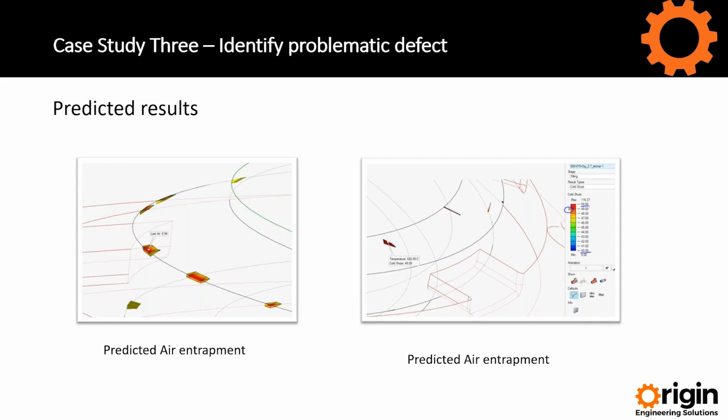Even though there was a gradient on the casting, you would have believed we wouldn't have entrapped air. Obviously I have limited time, so I condensed a lot of what I was presenting, but there are lots of fields in Inspire Cast, like many simulation software packages, where you can look at velocity vectors and other result files and get similar results.